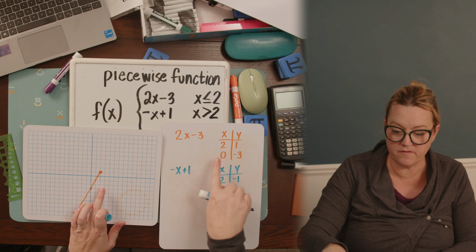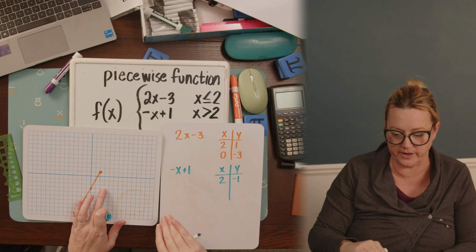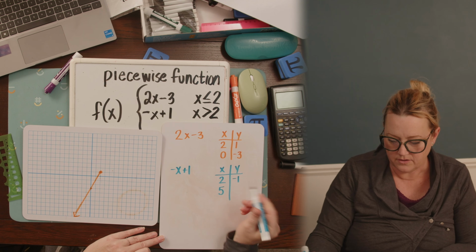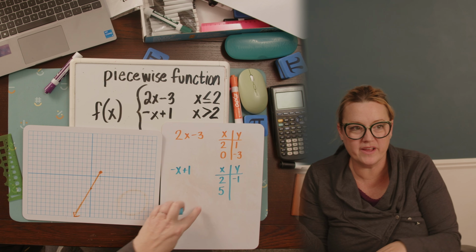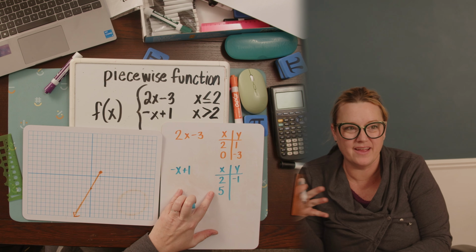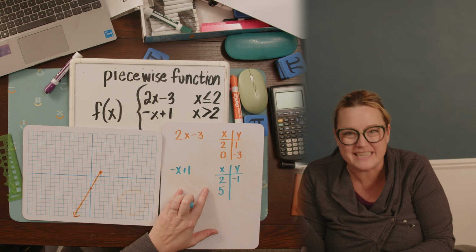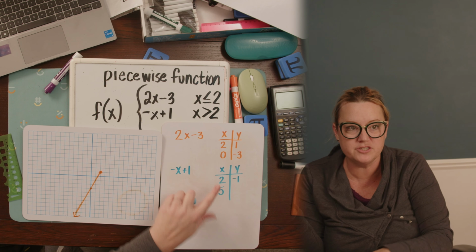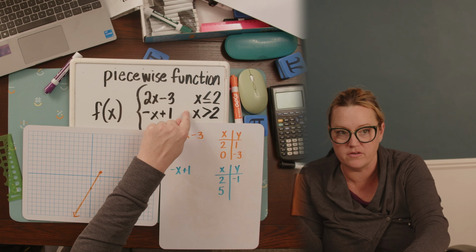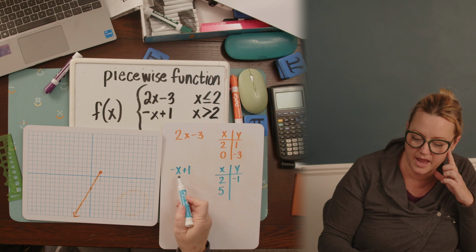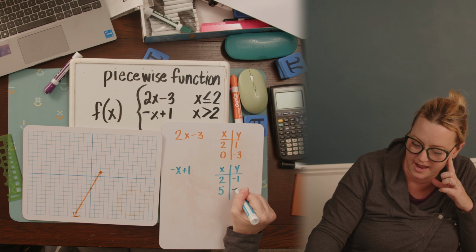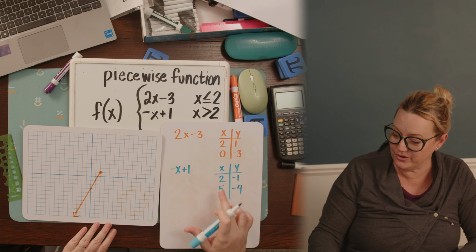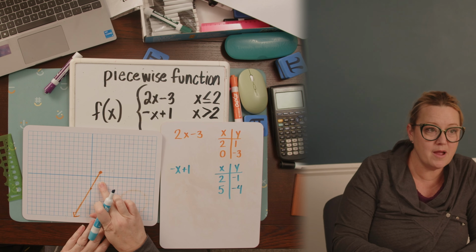Then I want to pick another value that's greater than 2, so we can do, I don't know, 5. The values don't really matter, so don't overthink it too much. You just want a value that's greater than 2 because x is greater than 2. So negative 5 plus 1 is negative 4. So at 2, negative 1, that's where my point's going to be.